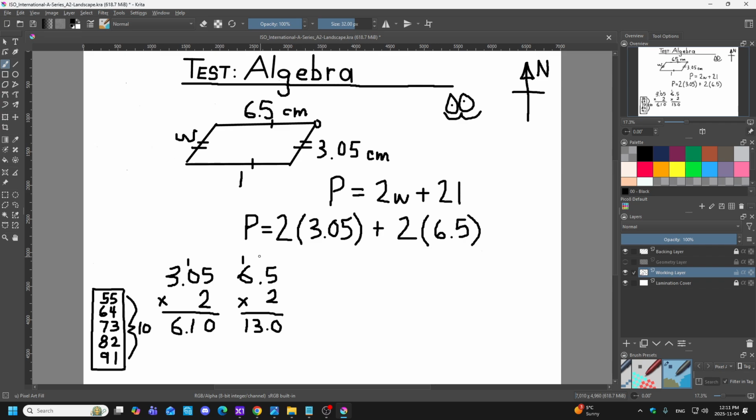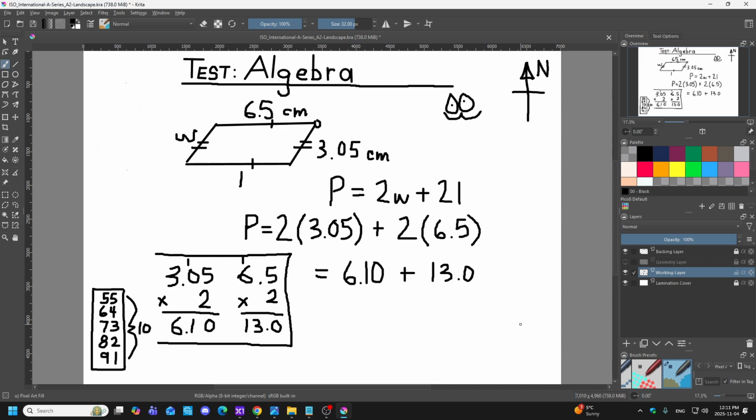Continuing our problem, equals 6.10 plus 13.0. Now all we have to do is just add the two values together.